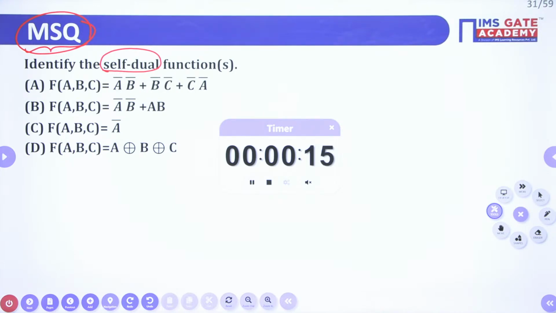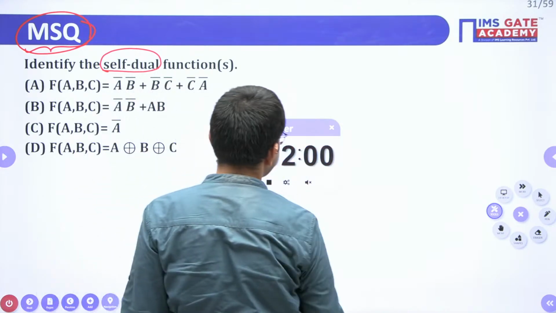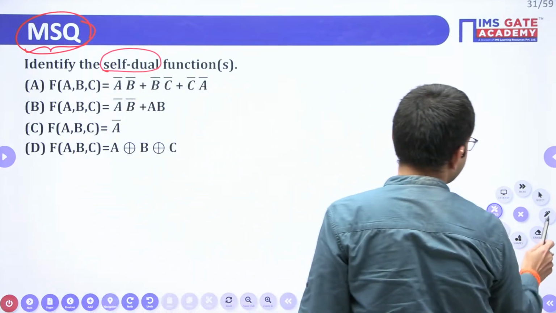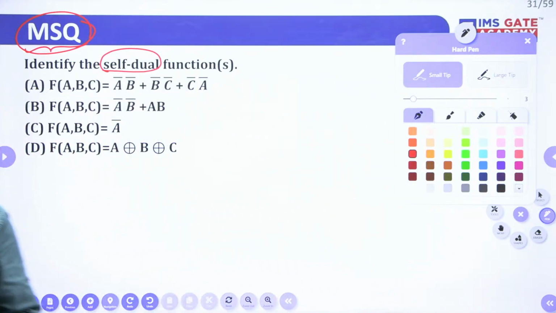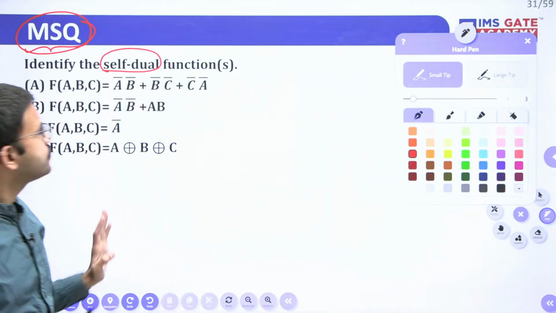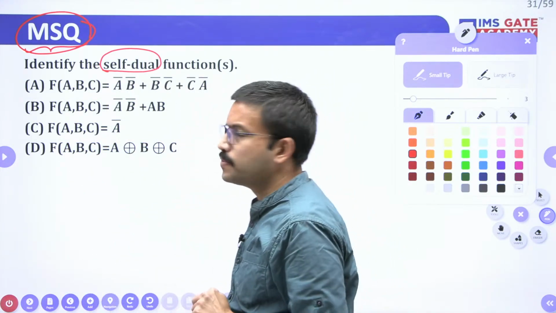Some of you try for option A, option B. Some of the other students try for option C and option D. So far, whatever you have done with that, which options did you get as self-dual?